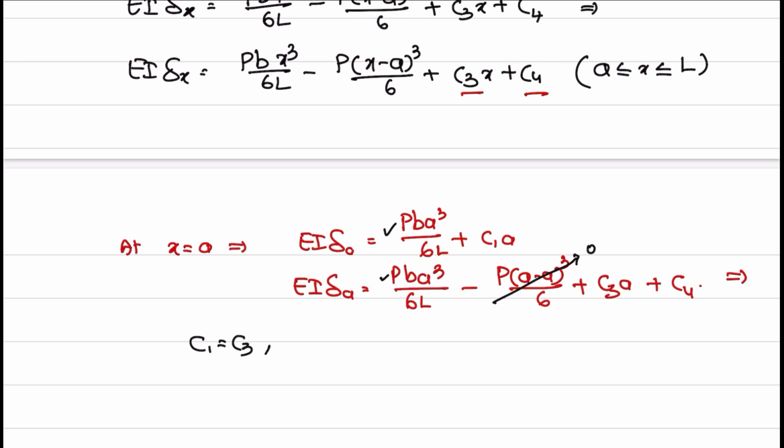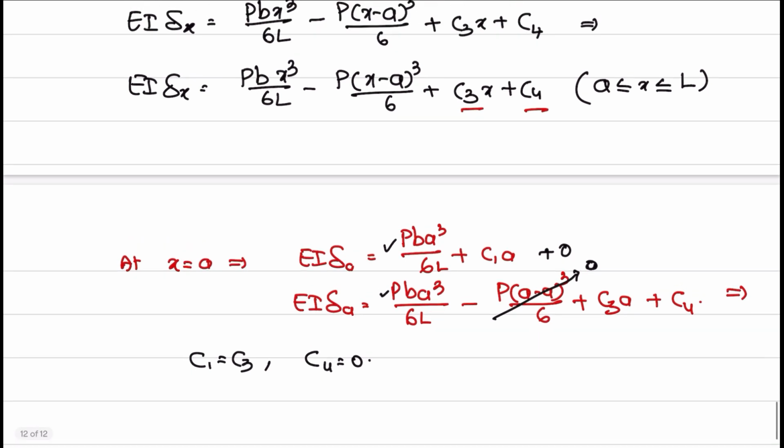In the second equation there is a C4, but in the first equation there is no C4, so it is 0. That means C4 is equal to 0. C1 is equal to C3 and C4 is equal to 0.